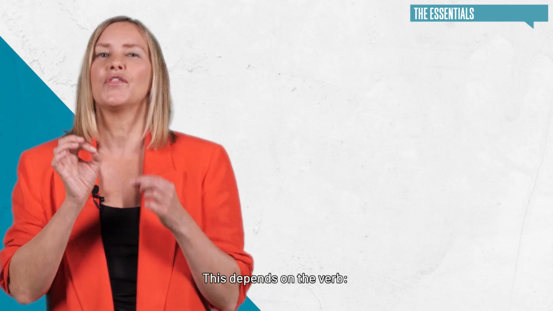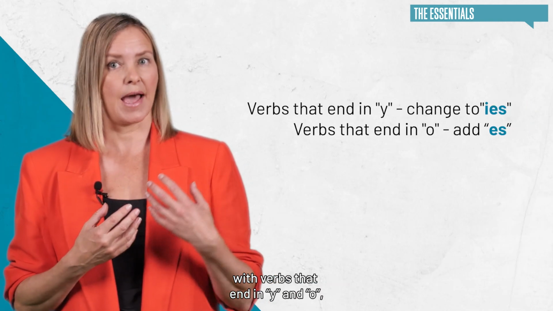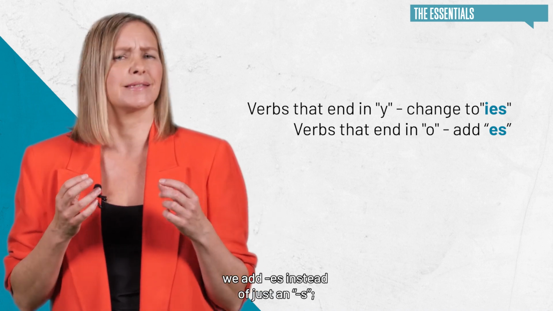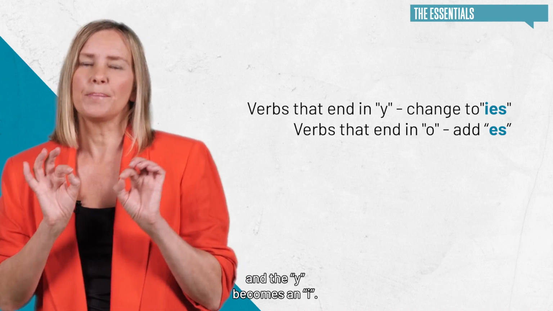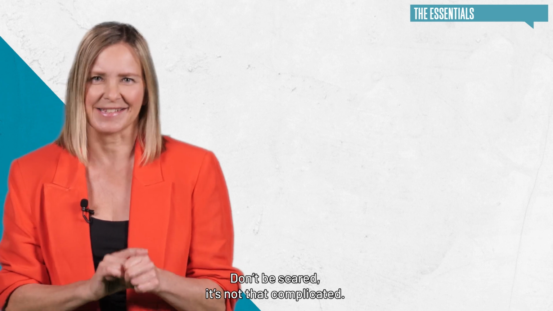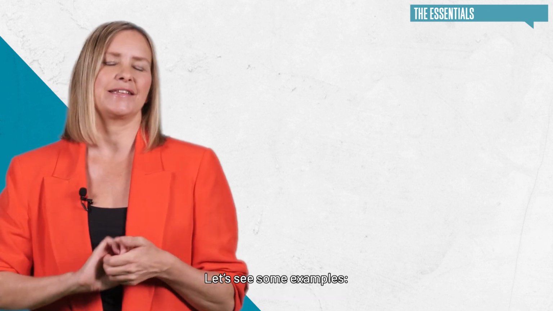This depends on the verb. With the verbs that end in y and o, we add es instead of just an s, and the y becomes an i. Don't be scared, it's not that complicated. Let's see some examples.